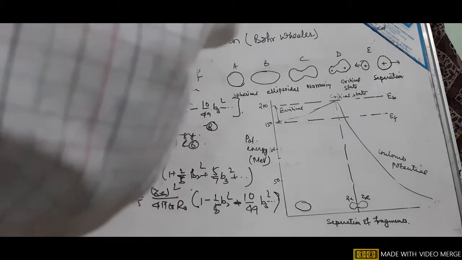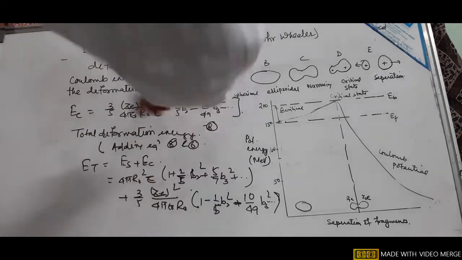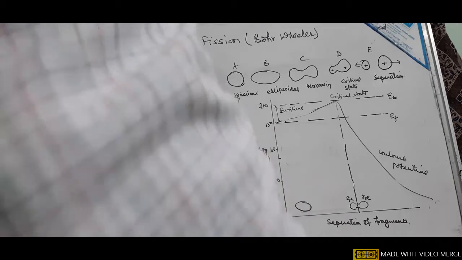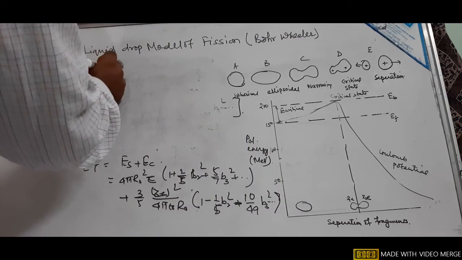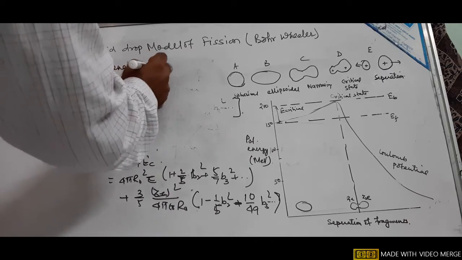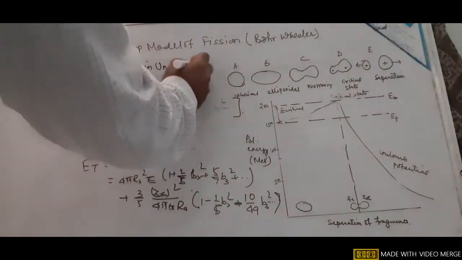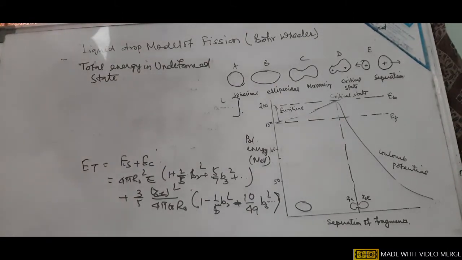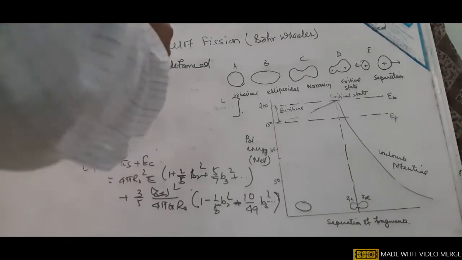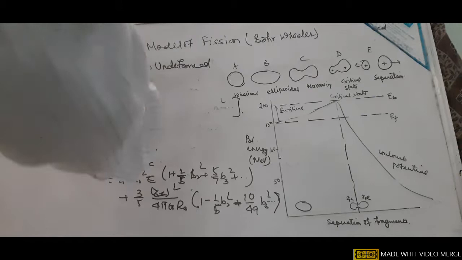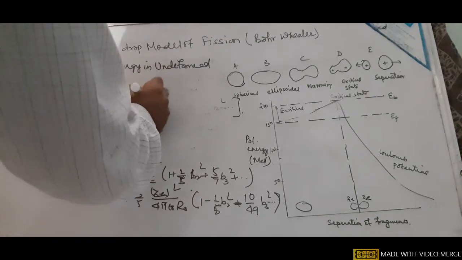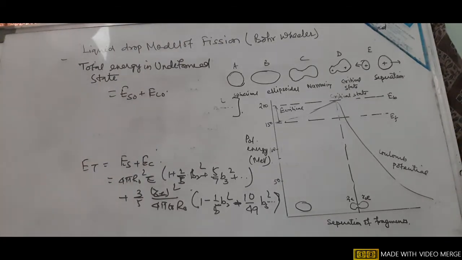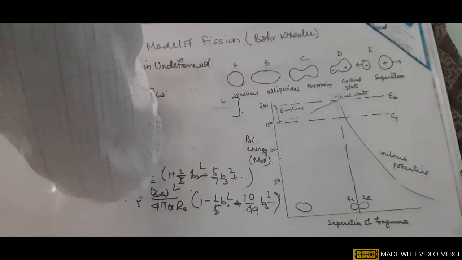Now the total energy in the undeformed state, which is equal to ES0 plus EC0, that is the surface energy and the Coulomb energy.